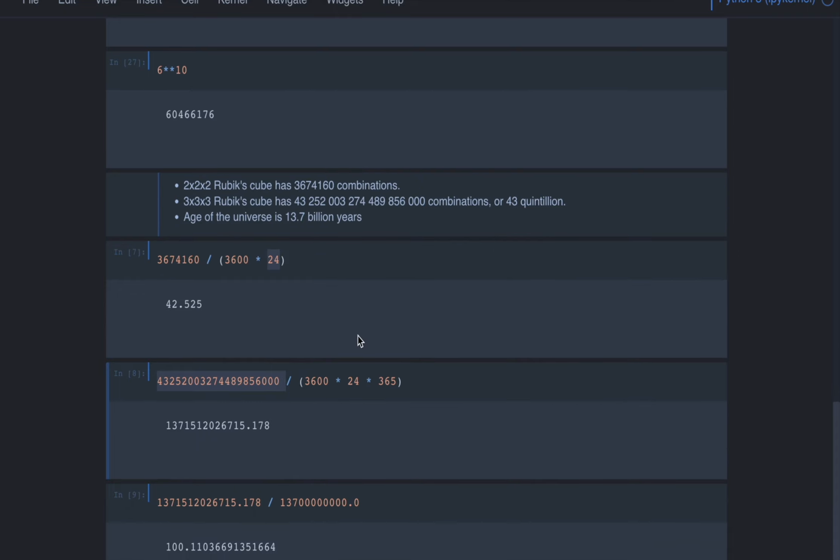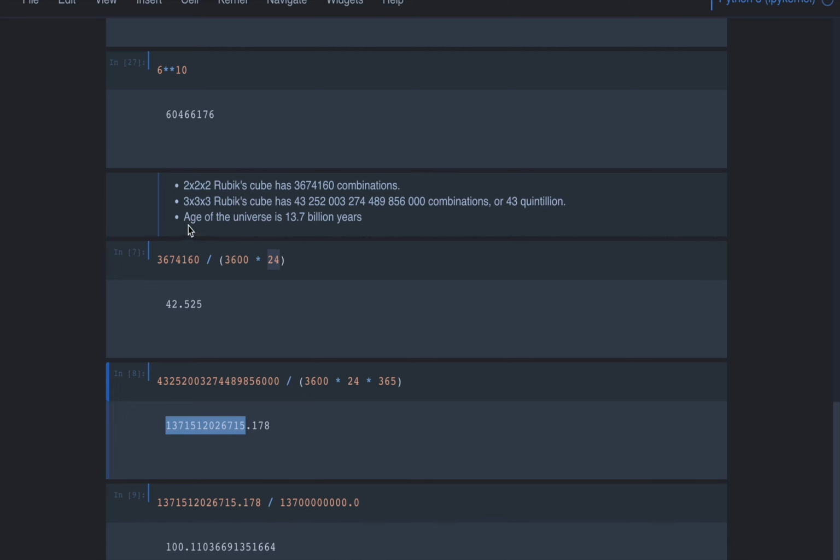Again, let's say for each second we can reproduce one combination, working 3600 seconds in an hour, 24 hours in a day and 365 days in a year. Even then, it would take these many years to reproduce all the unique combinations of a 3 by 3 by 3 Rubik's cube.